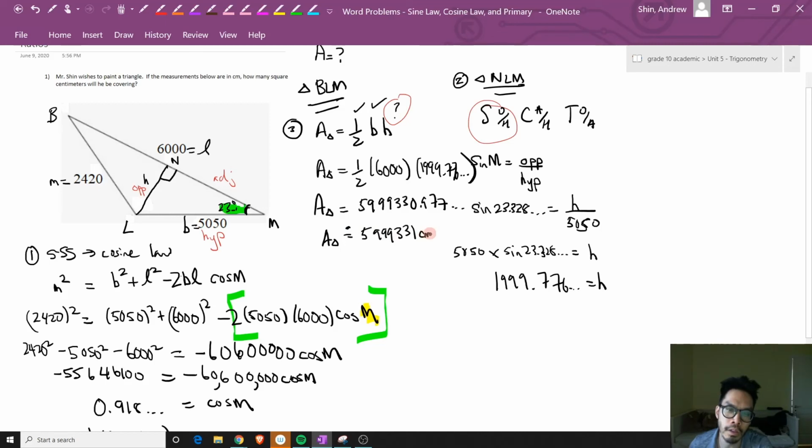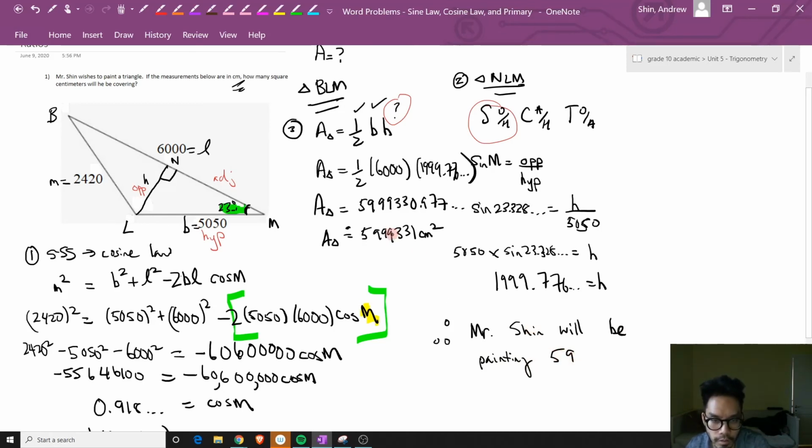And this is in centimeters squared, because they said this is in centimeters up here. And this is the final answer. Therefore, Mr. Shin will be painting 5,999,331 square centimeters. That's a lot.